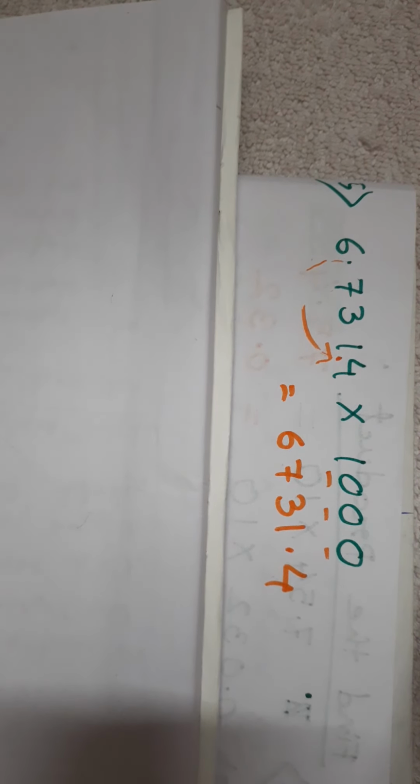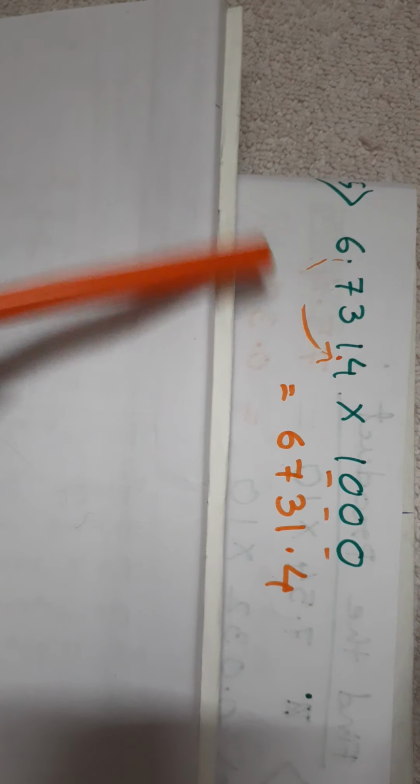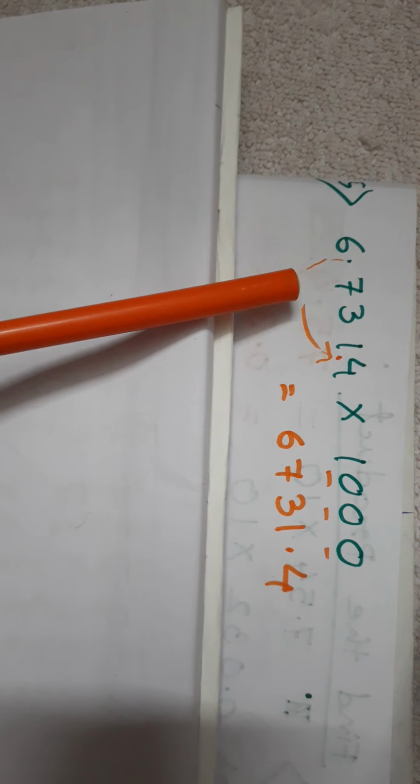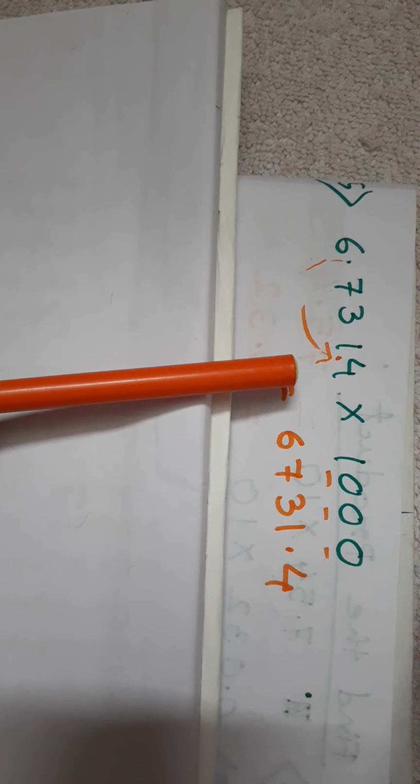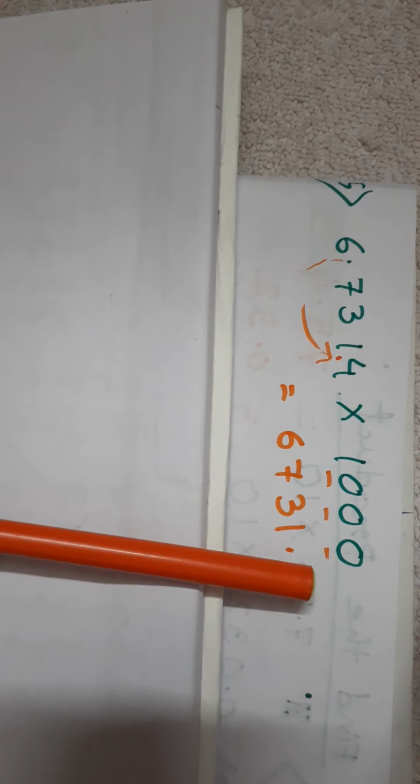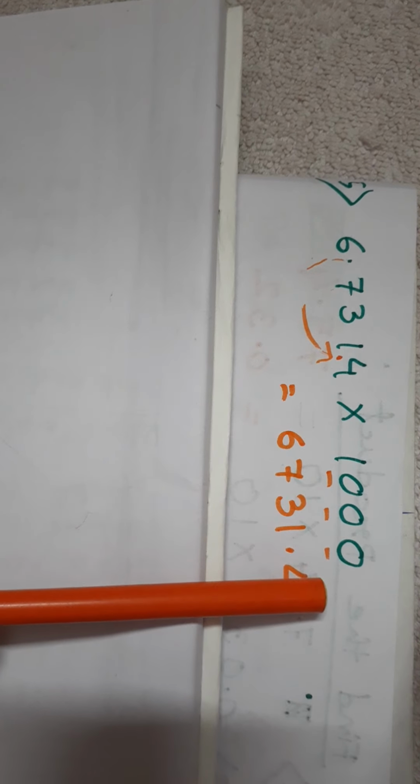Similarly, students, you can see one more example I have written over here. It is 6.7314, and we are multiplying this 6.7314 by 1000. That means there are a total of 3 zeros.